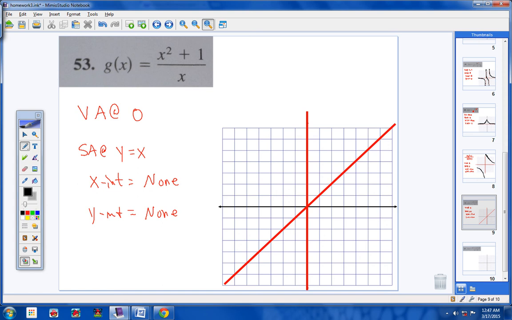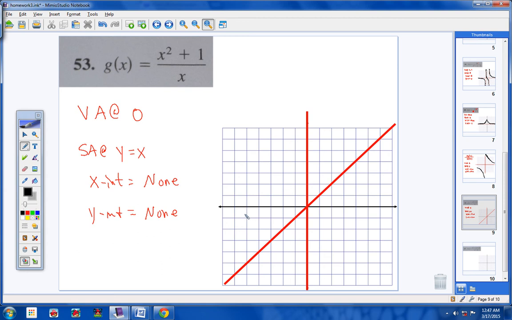So let's go to our Y equals, clear out your last equation, and enter (x squared plus 1) divided by x. Then go to your table of values. First of all, my vertical asymptote is here. So let's go over to about negative 5.